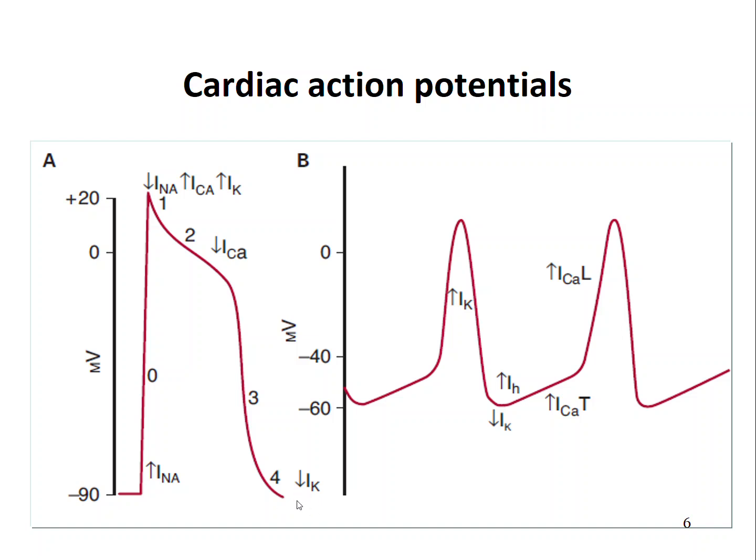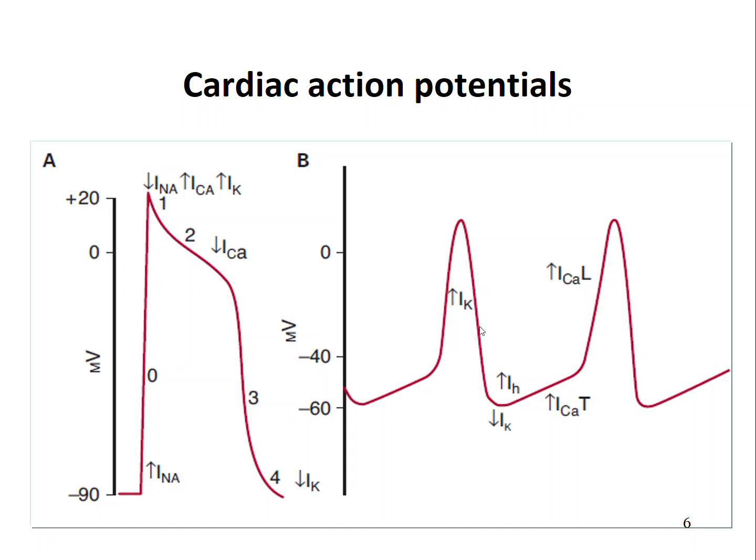If you remember, the potassium equilibrium potential is minus 94. So this is the ionic mechanism of the fast action potential, or action potential with plateau, which happens in the cardiac muscle and the cardiac His Purkinje bundle.